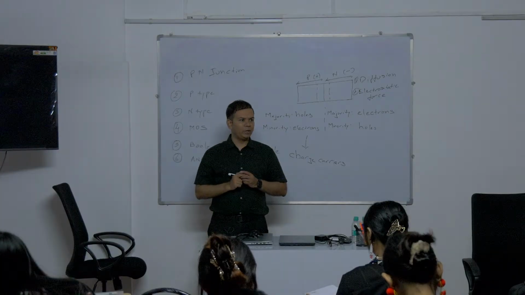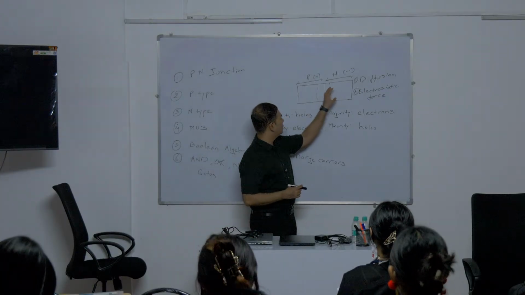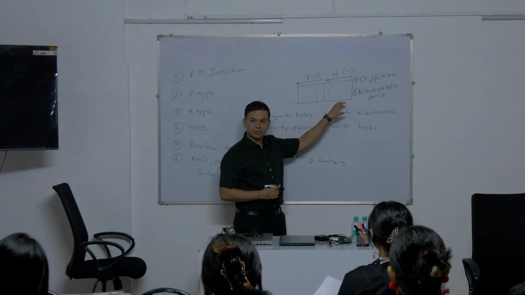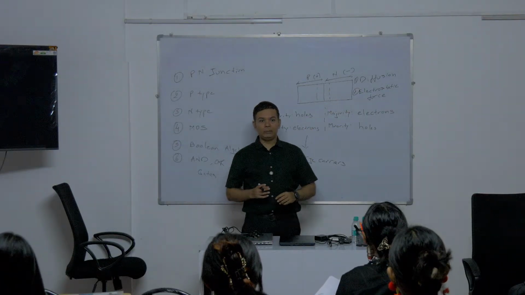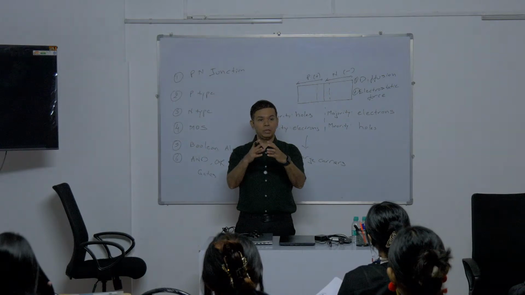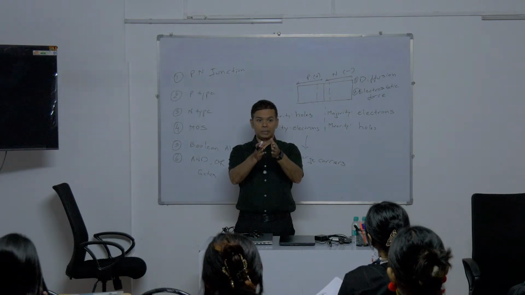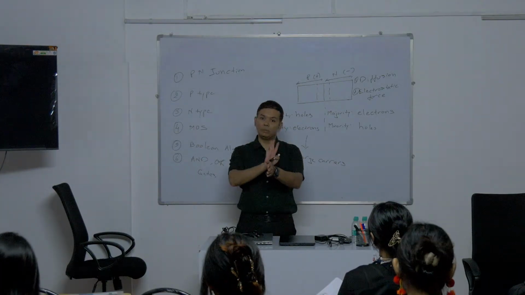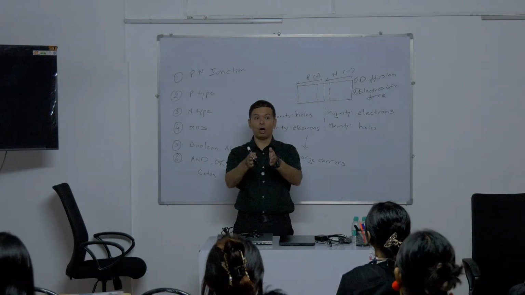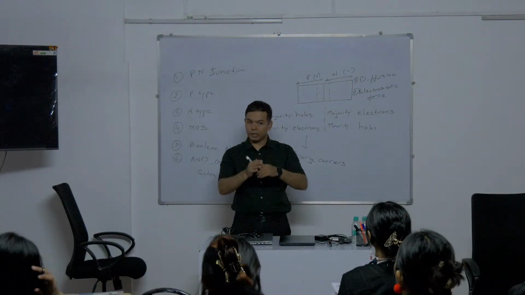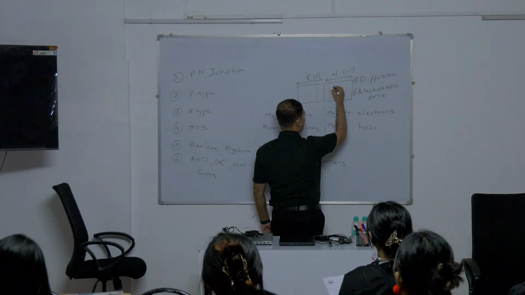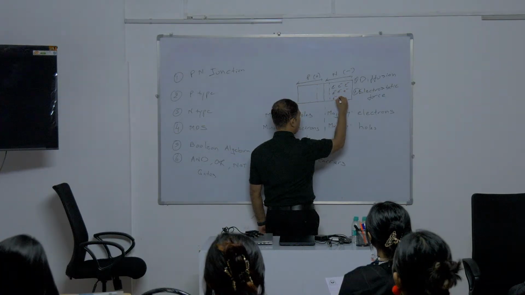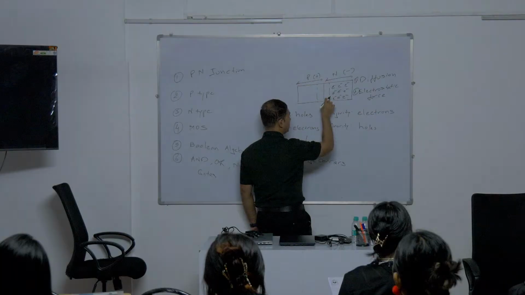So diffusion is like when you are bringing it together, some of them will try to go on this side, some of them will try to go on that particular side, right? But then ultimately it will come into equilibrium. And because of that, no more charge carriers will be allowed to cross the boundary, right? We saw that there is a wall which is created in between. So over here, initially we have all the electrons in this region as well.